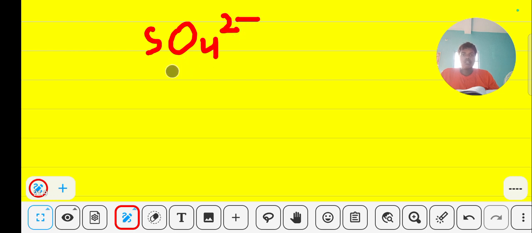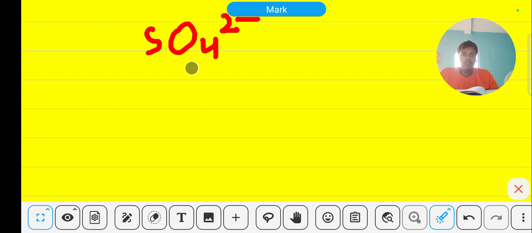In SO4 2 minus we know about O4 and we have to calculate sulfur. Whenever we have to calculate any oxidation state, we have to know which atom is in question, which is underlined. If it is not underlined, then common sense says what we know we will write and what we do not know we will calculate.